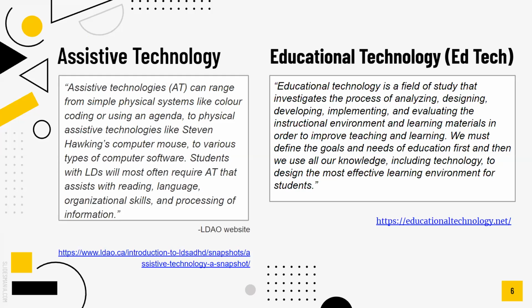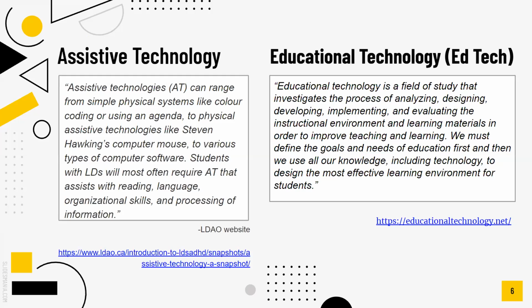Assistive technology can also refer to software and devices such as FM systems, which amplify sound and reduce background noise, or speech-to-text and text-to-speech systems and headsets. Educational technology, on the other hand, supports the learning environment and informs the instructional environment and improves our teaching and learning.